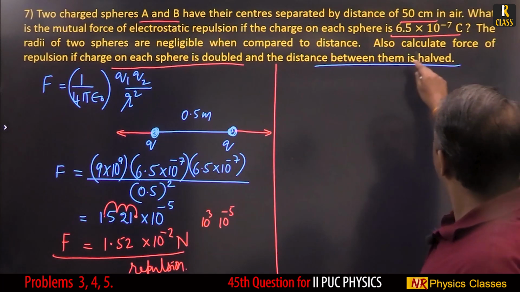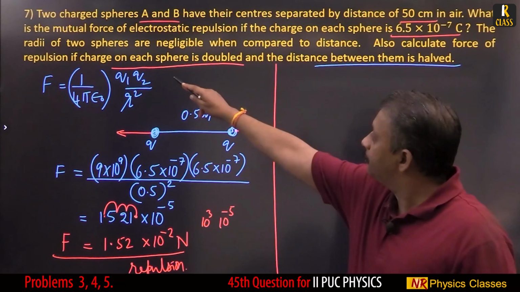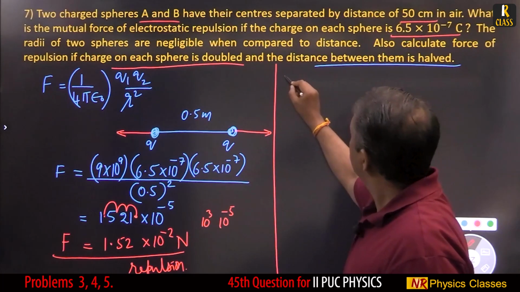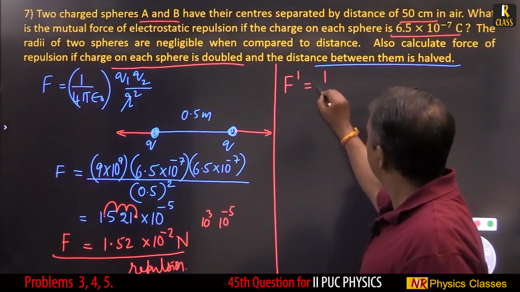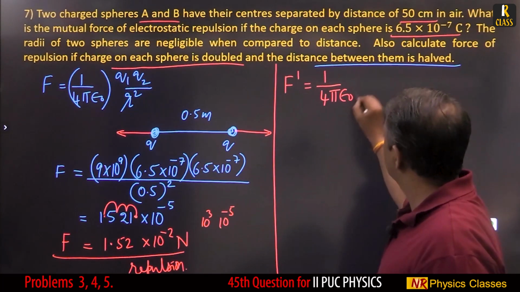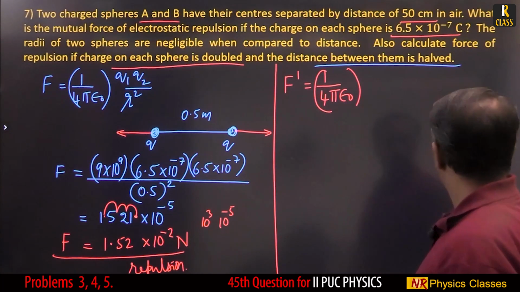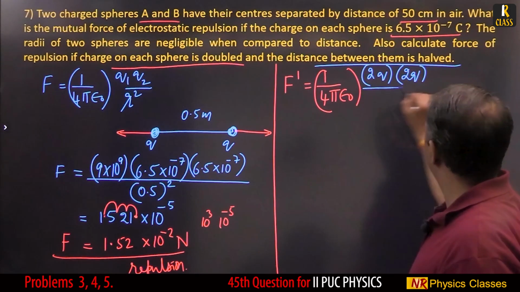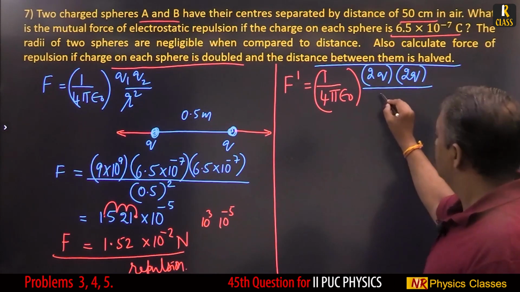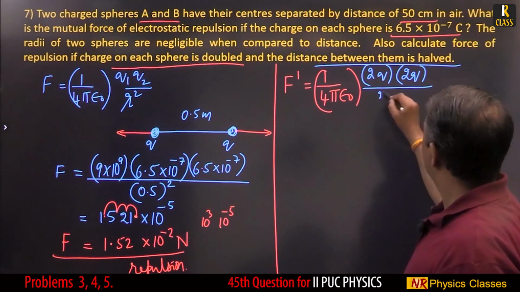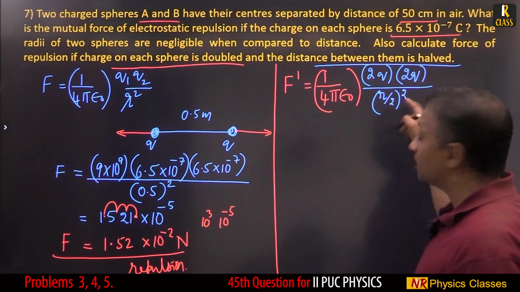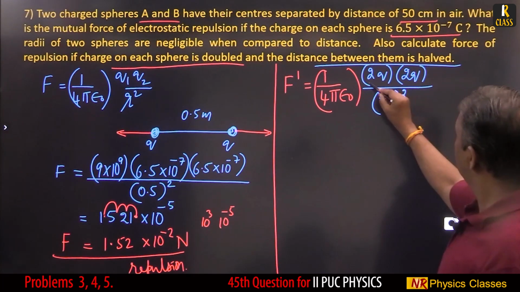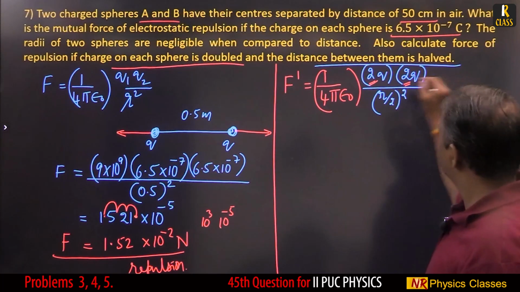Now calculate the force if the charge on either sphere is doubled. F dash equal to 1 by 4 pi epsilon naught. This is 2 times q, first charge, second charge 2 times q, by the distance between them, which is halved. So it is r by 2, r by 2 square. Now 2 square is 4, that 4 goes to the numerator. 2 into 2 into 4, 16.